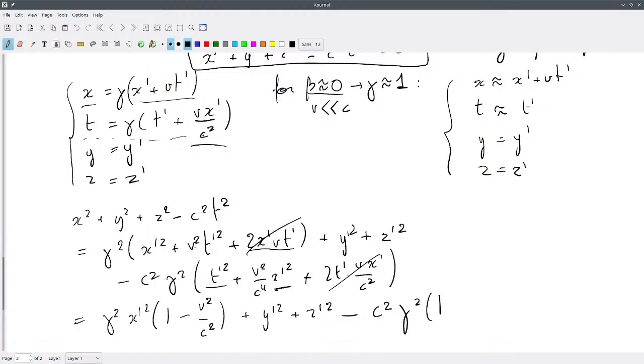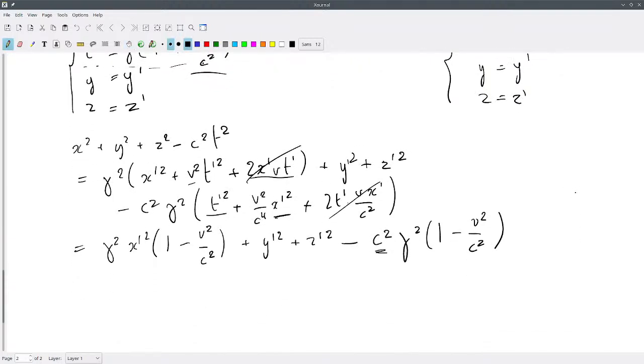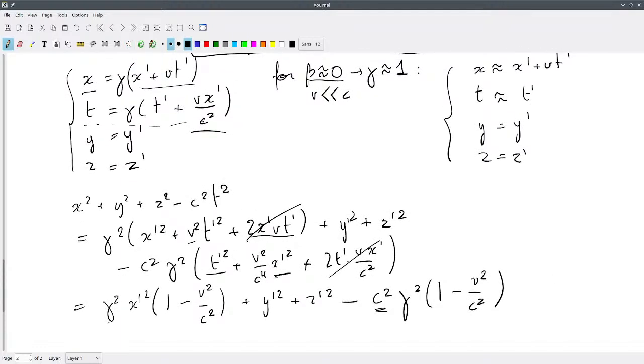Then we have a c squared that we bring out the front, so we're going to have to divide this by c squared, so we get 1 minus v squared over c squared. And now, of course, you see what's happening. Gamma is equal to 1 over the square root of 1 minus v squared over c squared, so gamma squared is 1 over 1 minus v squared over c squared, and gamma squared times 1 minus v squared over c squared will be equal to 1.